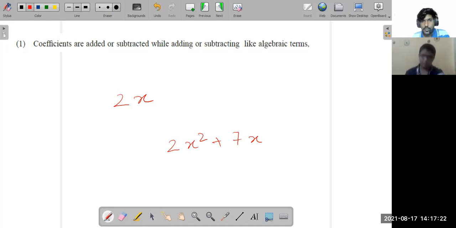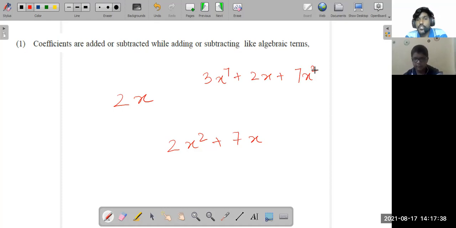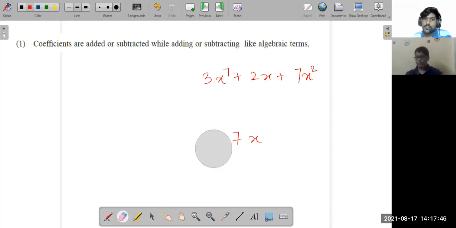Okay, I'll write one more. 3x raised to 7 plus 2x plus 7x square. What is the coefficient of x square? 7. Coefficient of x raised to 7? 3. And coefficient of x? 2. Now this one.